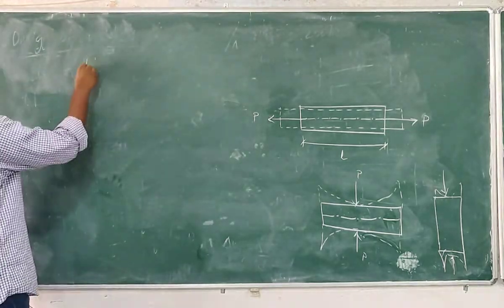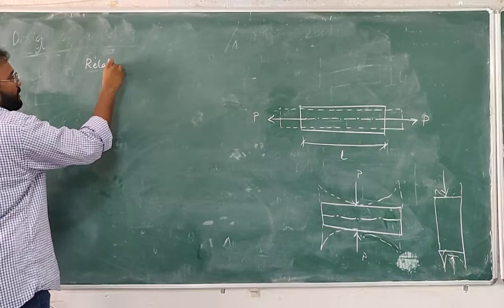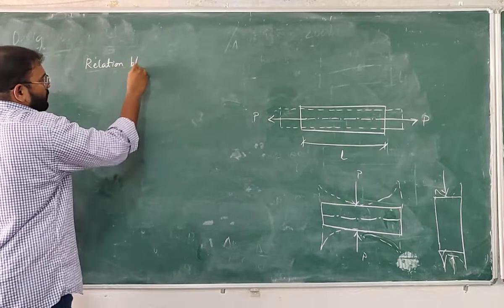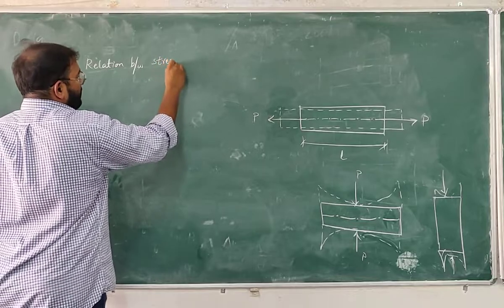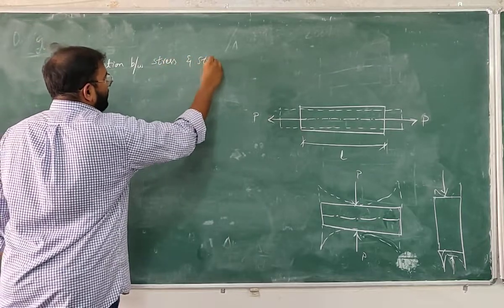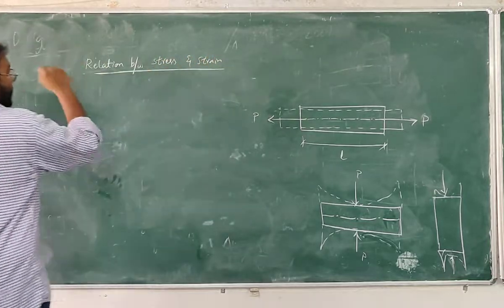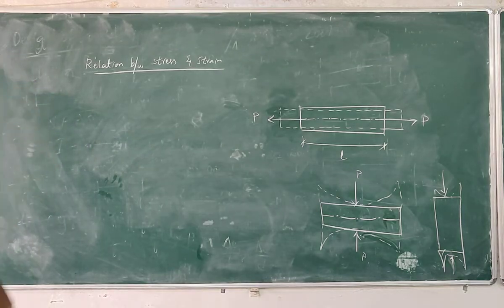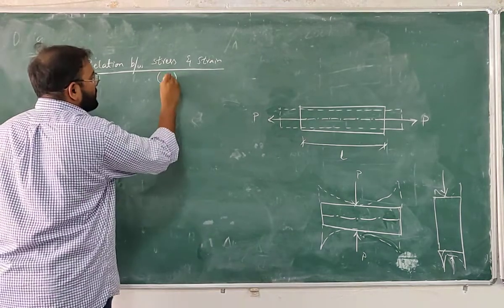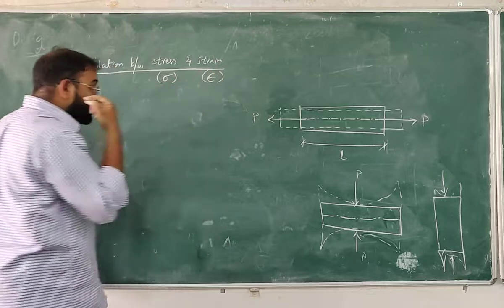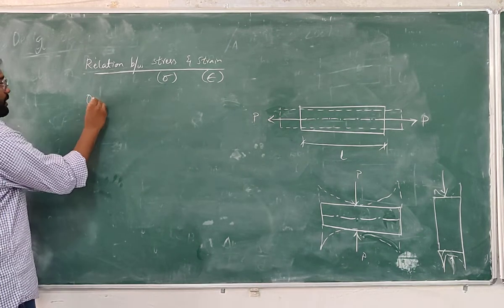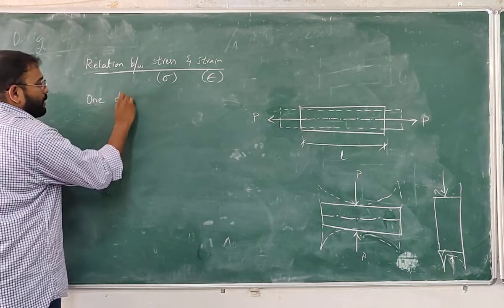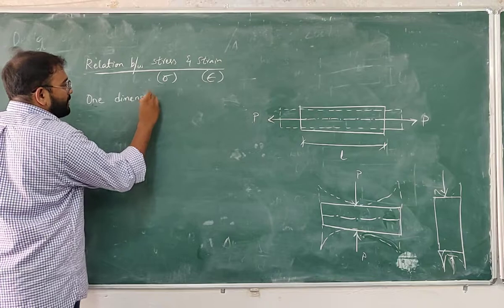Now next, we'll study the relation between stress and strain. Okay, relation between stress and strain. Stress is denoted by sigma, this is your epsilon. Okay, stress and strain. Now tell me, you have three types of bodies here: one-dimensional, two-dimensional and three-dimensional body.